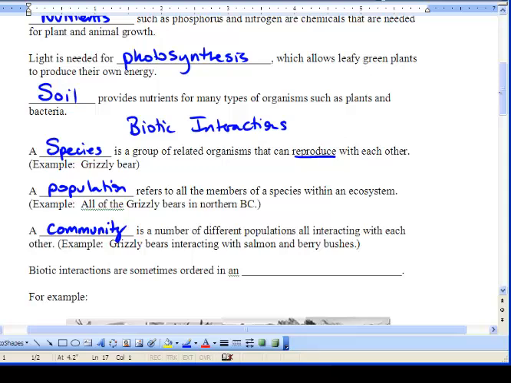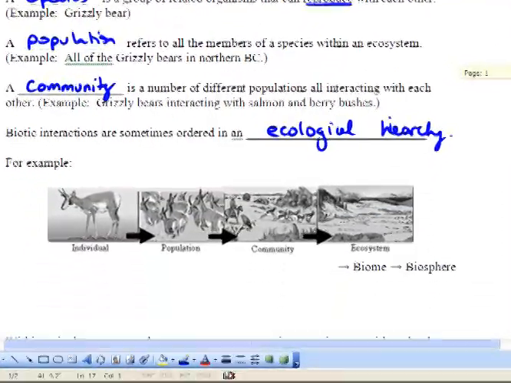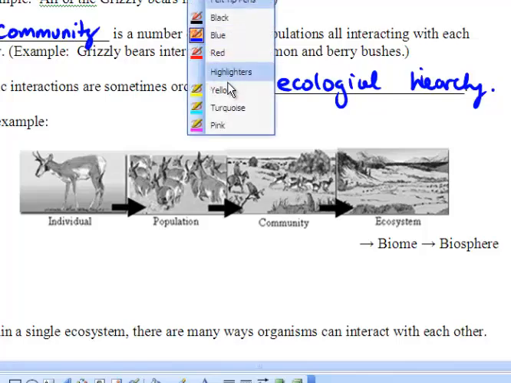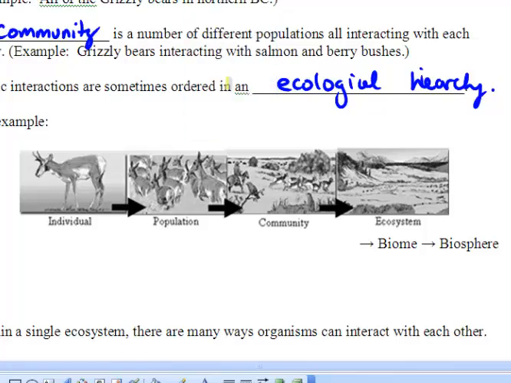So biotic interactions are sometimes ordered in ecological hierarchy. And so we can take a little look-see here. We go from our individual species, and then we go to our population, and then we go to a community.